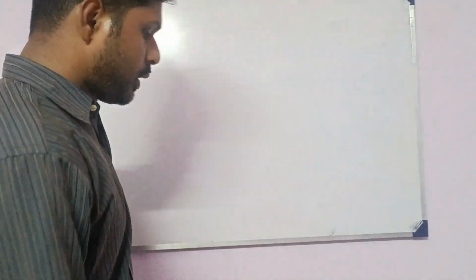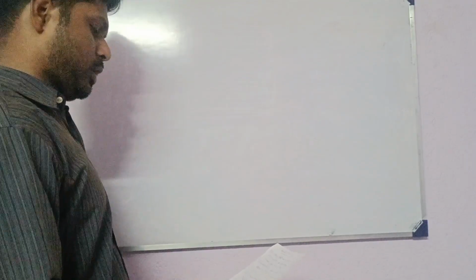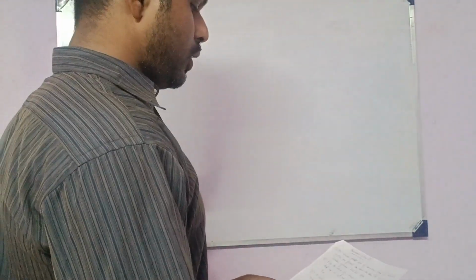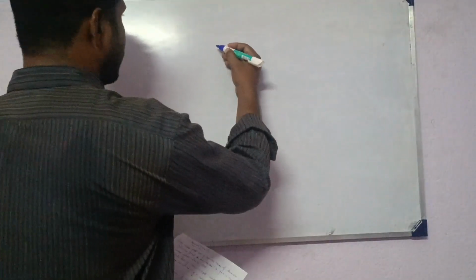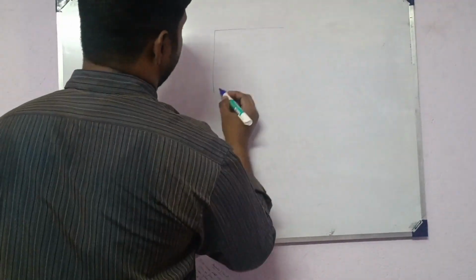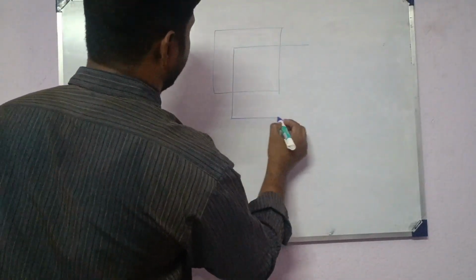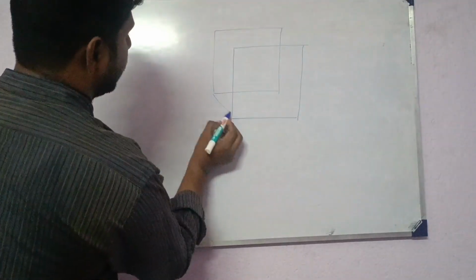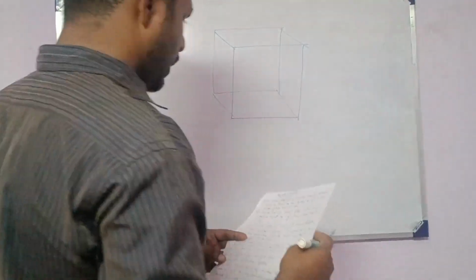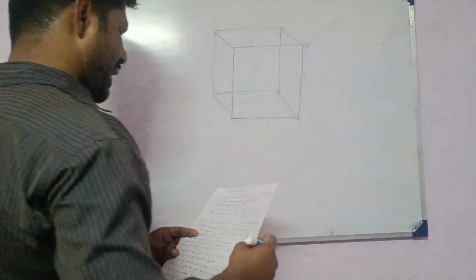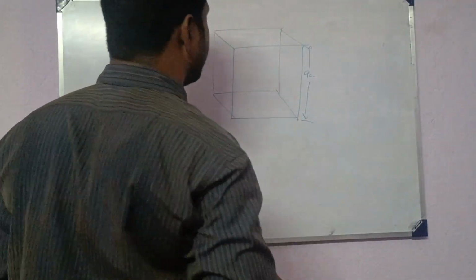So the next sum is, find the volume of the largest right circular cone that can be cut out of a cube whose edge is 9 centimeter. There is a cube, cube means all faces are equal squares. The edge of the cube is 9 centimeter, so each edge represents 9 centimeter.